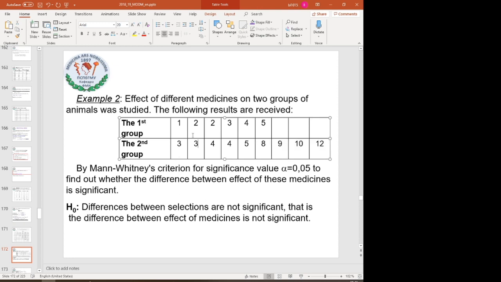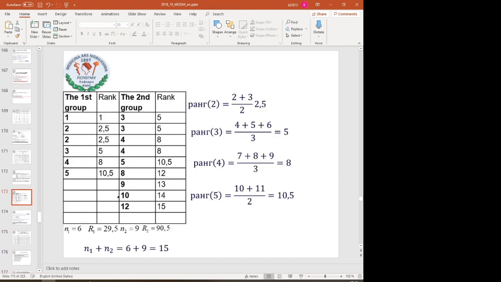So in our case, the effects of the drug are the same in the first and in the second group. As usual, we give ranks. First, 1 goes to the 1, and we have two 2s, so 2 and 3 go here, 2.5 each.